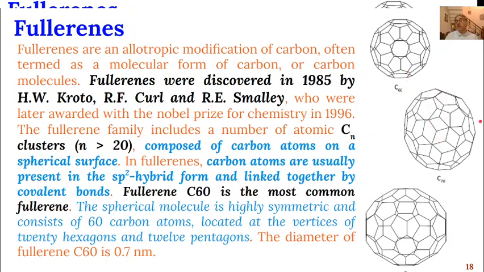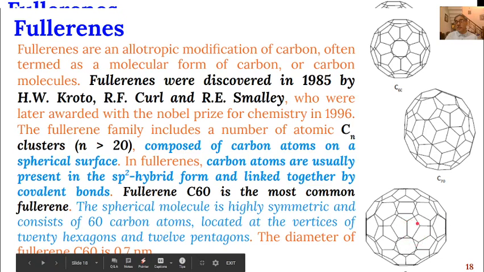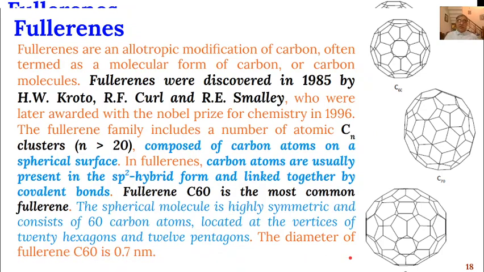Similarly, if there are 70 carbons, then fullerene C70, 80 carbons, fullerene C80, all these types of fullerenes have been synthesized. The diameter of fullerene C60 is 0.7 nanometer.